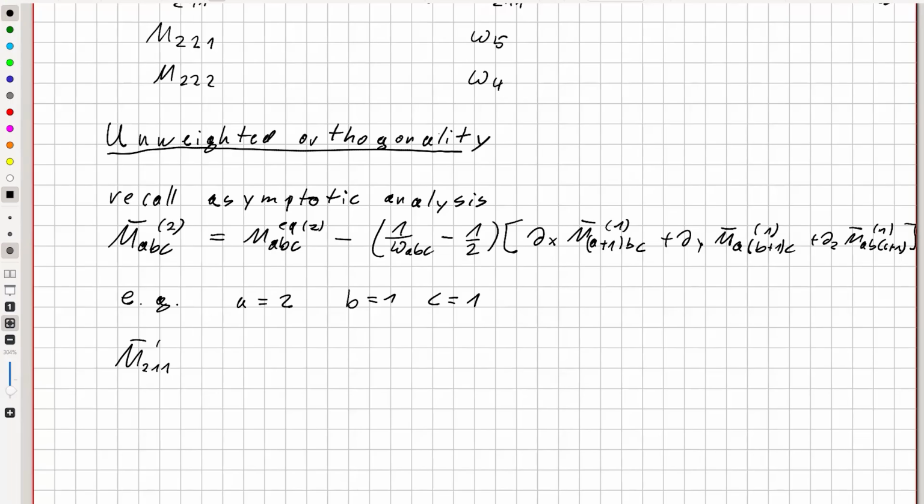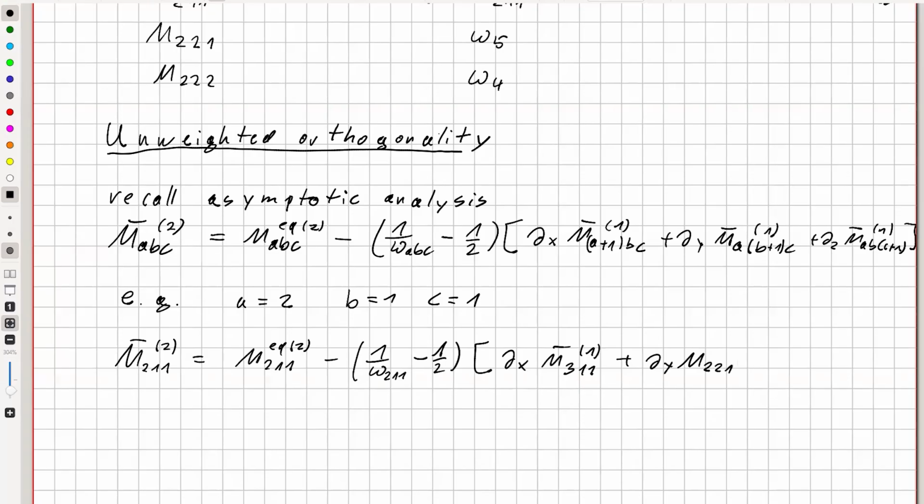M211, yeah, to second order is M211 equilibrium to second order minus 1 over omega, let's say M211, minus 1/2 dx M311, this is of course now an alien, plus dy M211 to first order plus dz M212 to first order.